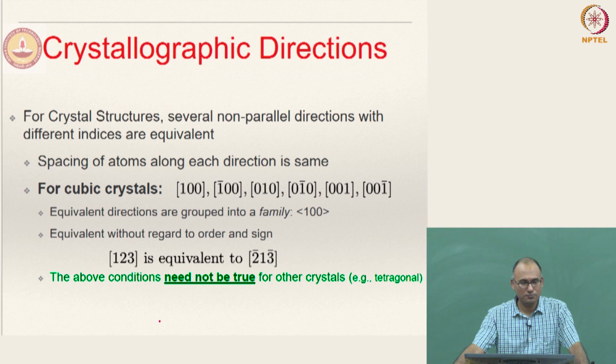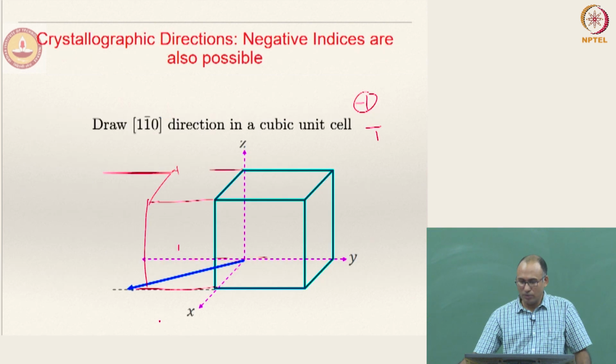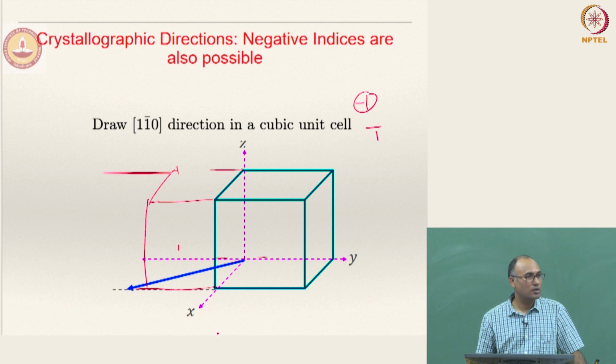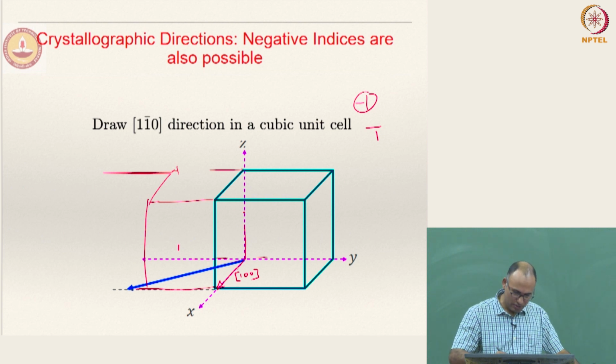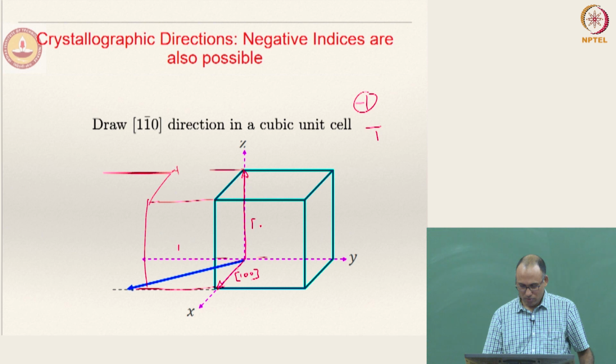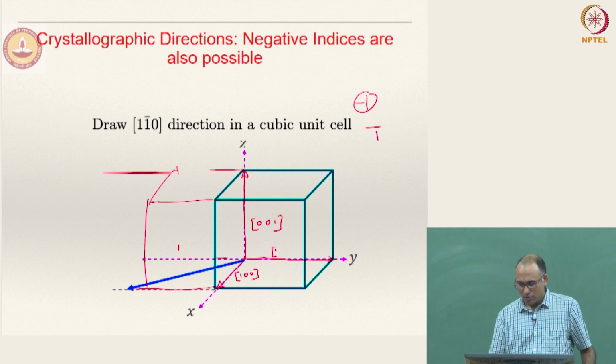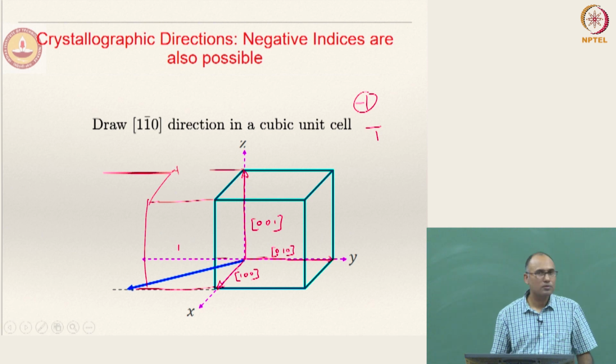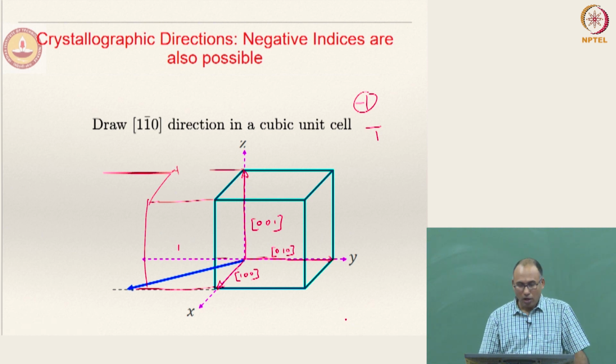So 1 0 0 in the previous one, what is 1 0 0? In a cubic crystal, a equal to b equal to c, isn't it? So if I draw this direction, that is 1 0 0, and this direction 0 0 1, and this direction 0 1 0, right? All these three directions.